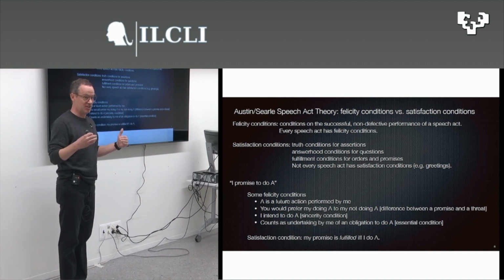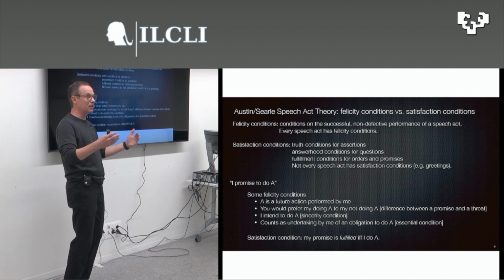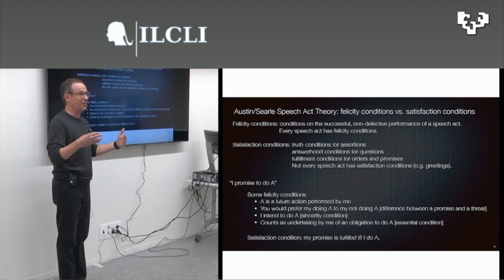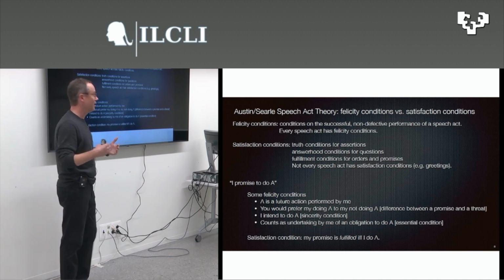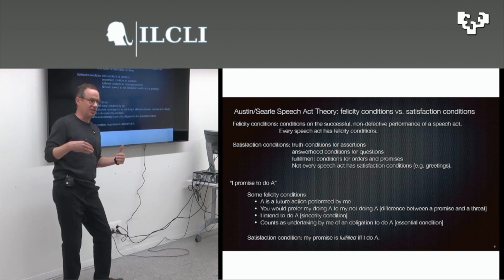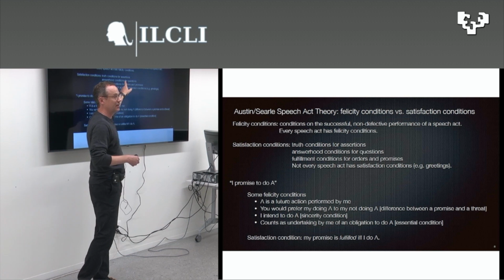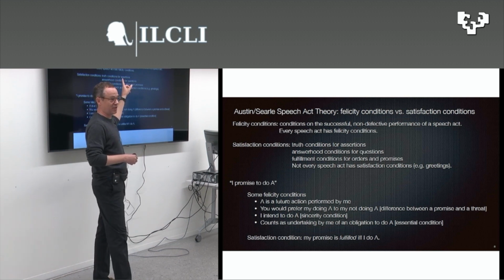Now, for some speech acts, there's a further question you can ask about whether they are satisfied or not. Okay? So, satisfaction conditions come in different varieties for different kinds of speech acts. So for assertions, satisfaction conditions are truth conditions.